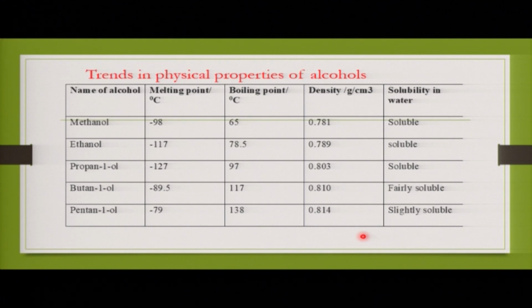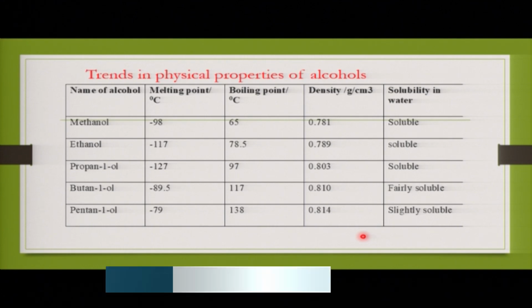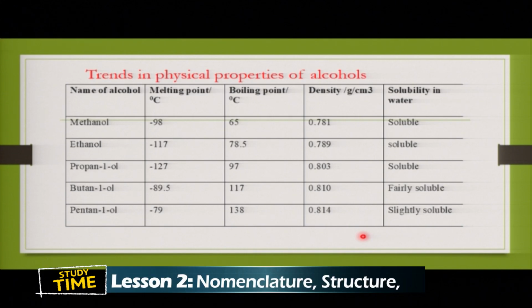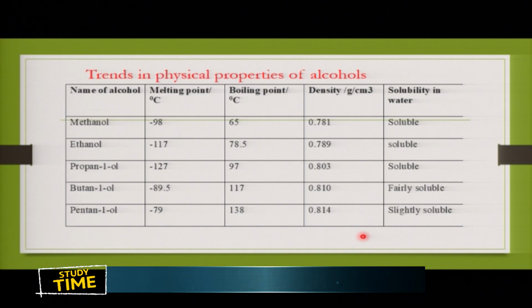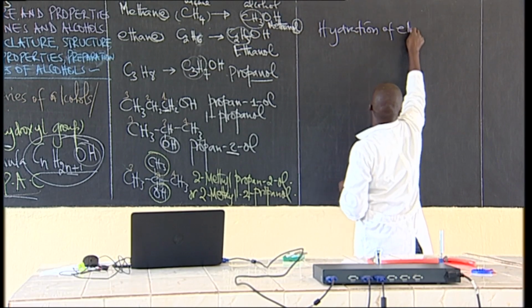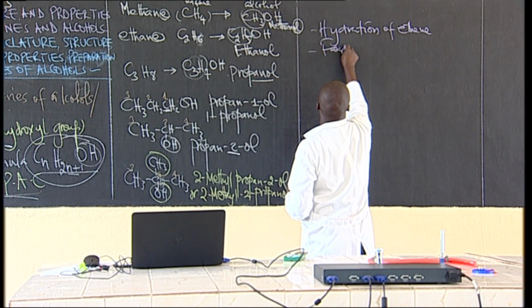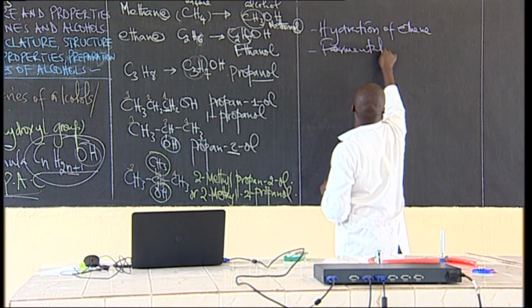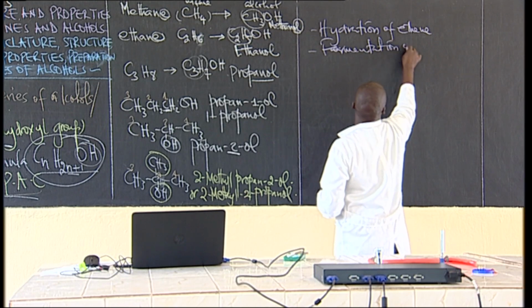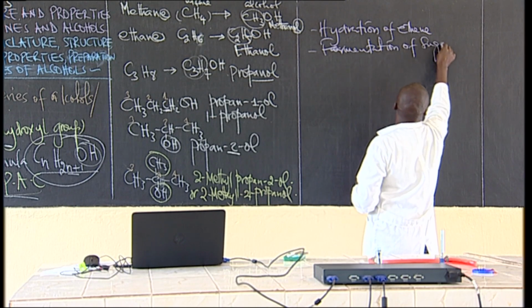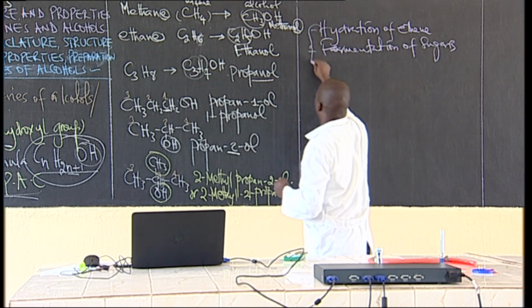Remember the methods of preparation. We talked about the two methods: the hydration of ethene, and the fermentation of sugars.